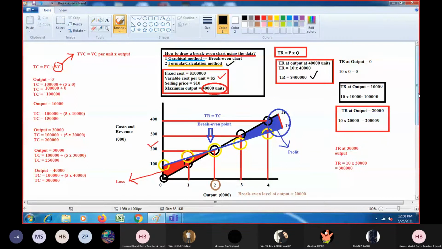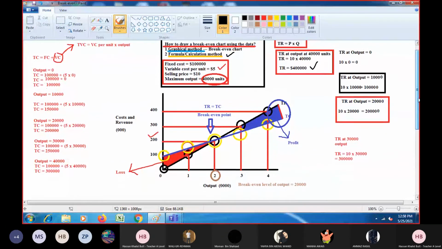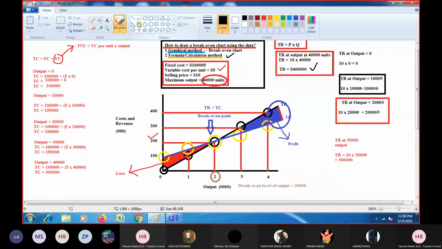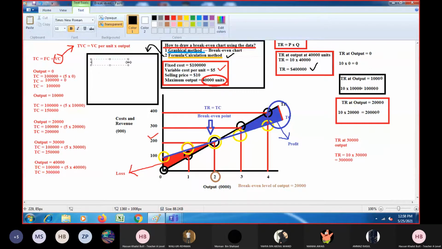Right? So let me do it there. Just a minute. Okay, so this is the formula method. You know the formula because we did discuss that earlier.